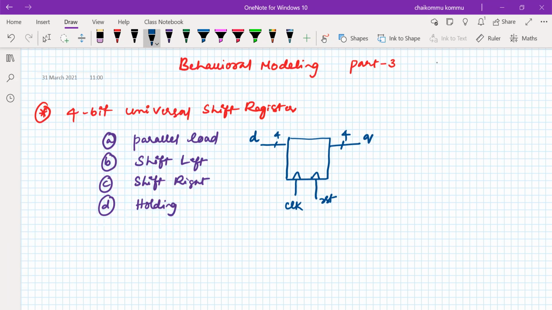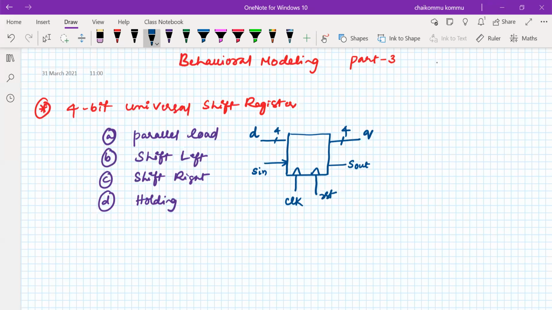For that, we will write it as serial in, SIN, and we want to get the serial out, SOUT. Whatever comes out of the register will be traced by SOUT, whether it is on the LSB side or the MSB side, it doesn't matter. So this is actually the basic.